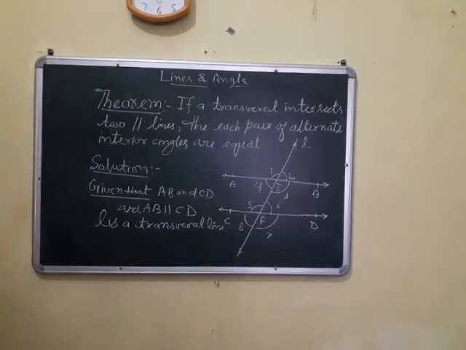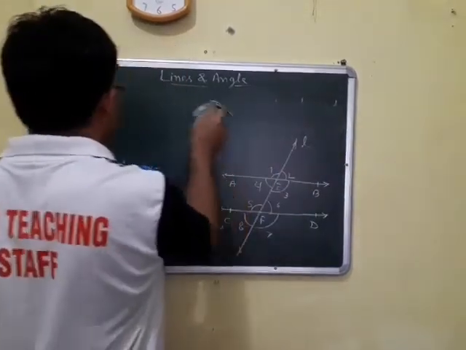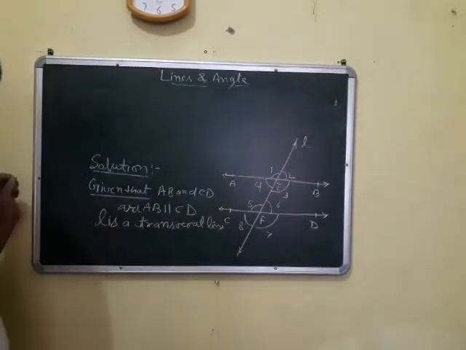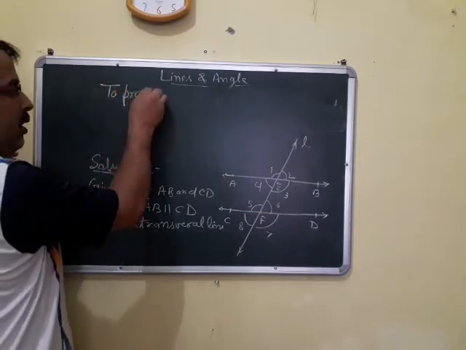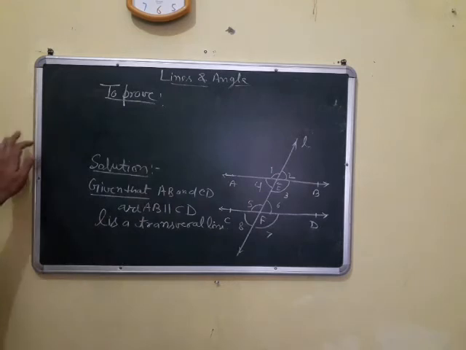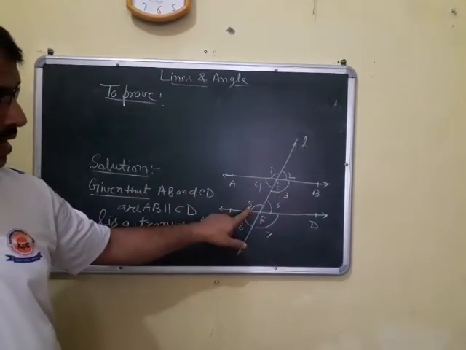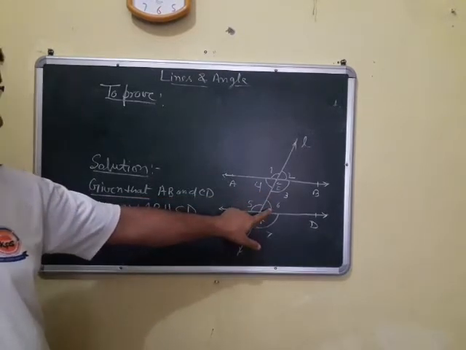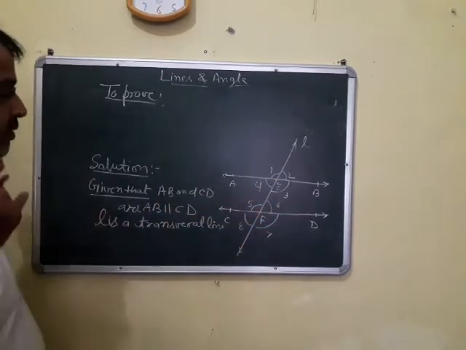Now, to prove, what we get here is angle 3 and angle 5, alternate interior angles, angle 4 and angle 6 are alternate interior angles.